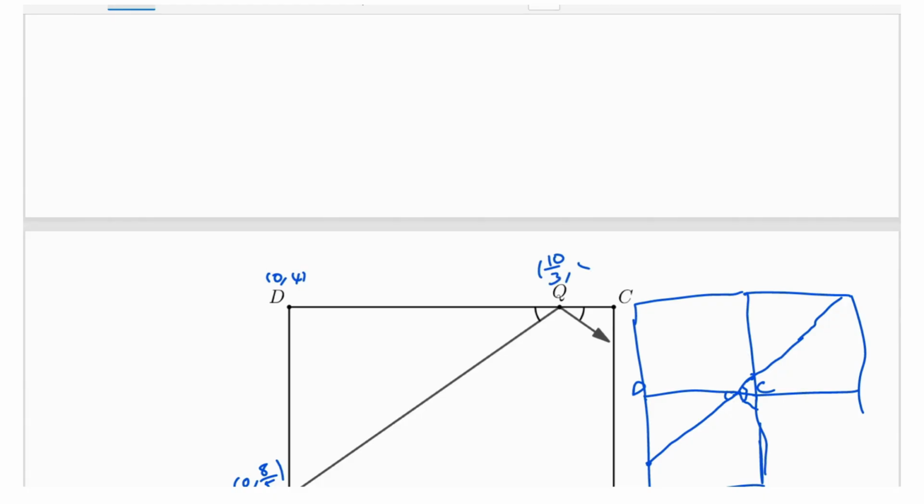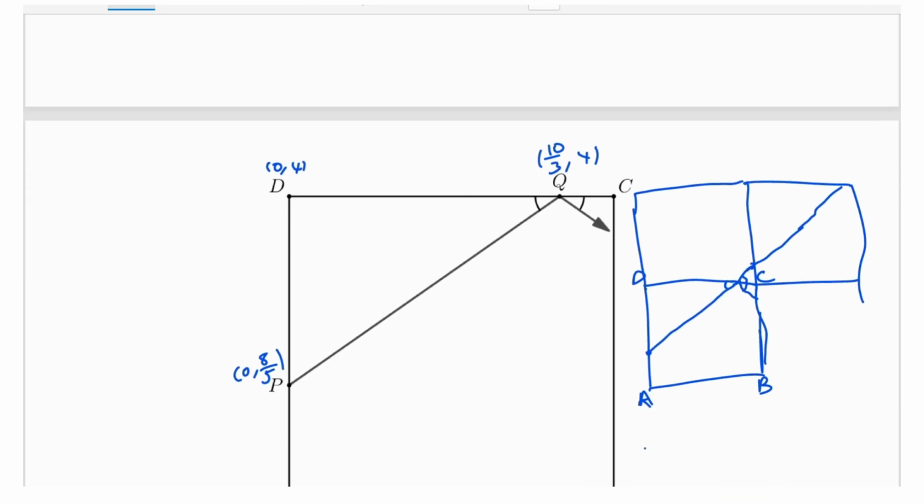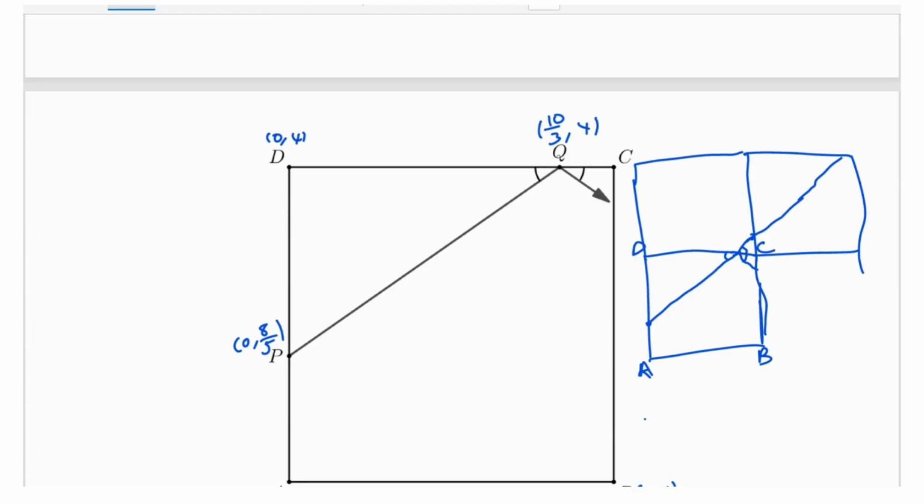And so the equation of the line would be y is equal to the slope, which is 4 minus 8 over 5 over 10 over 3, which is 12 over 5 over 10 over 3, which is 18 over 25, times x, and then the y-intercept is (0, 8 over 5), so plus 8 over 5.